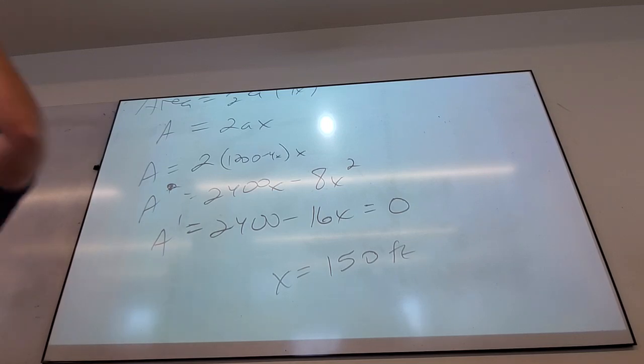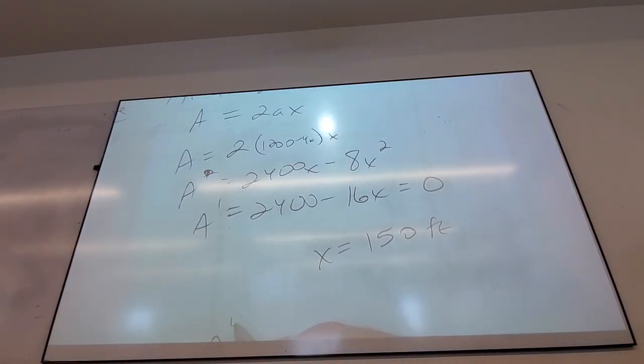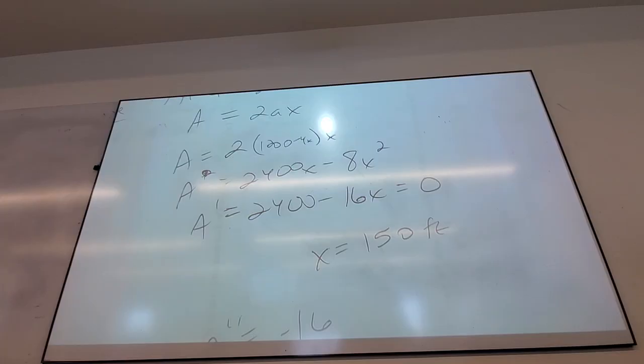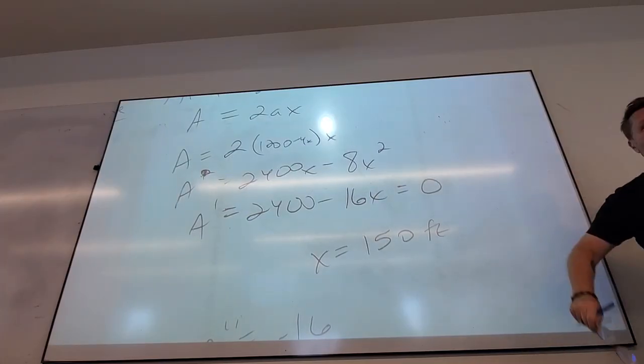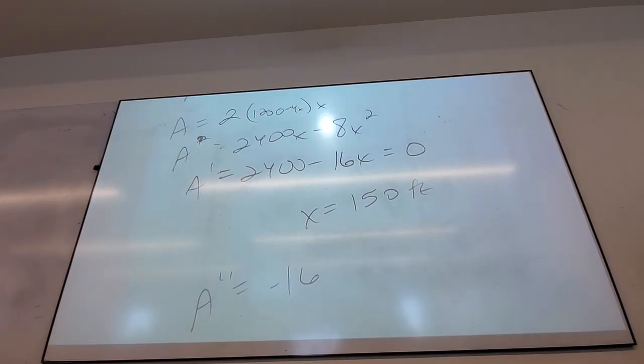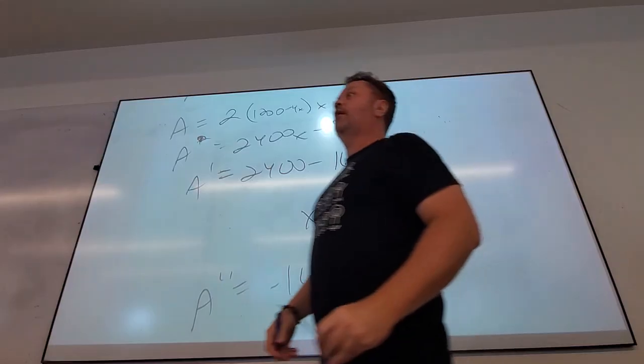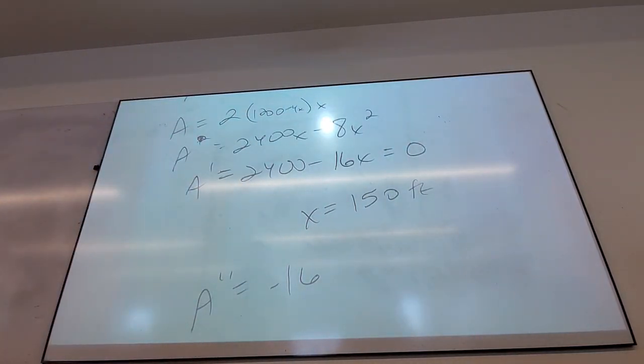Or, like you said, if you don't realize that, what's the second derivative? Negative 16. Does it matter what I plug in? This is always negative 16, no matter what I plug in. If you make x 38 billion, what's a double prime?